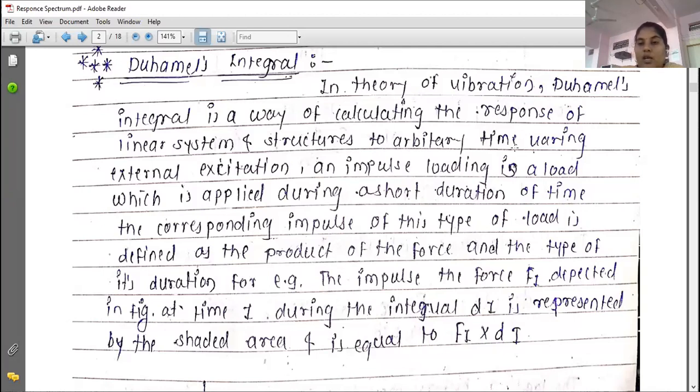In the theory of vibrations, Duhamel's integral is a way of calculating the response of linear systems and structures to arbitrary time-varying external excitation. So in this vibration theory, where do we use Duhamel's integral? We can use it for calculating the response of a linear system.